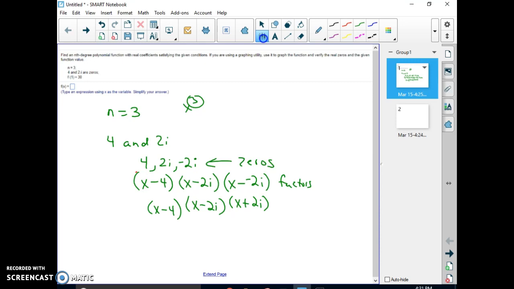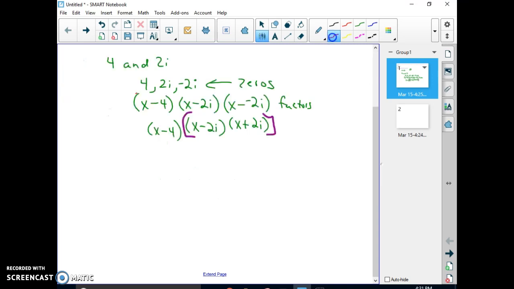The next thing I'm going to do is multiply this out. I'm going to start off by multiplying my two imaginary factors, these two right here. So I'm going to FOIL this out. x times x is x squared. x times 2i is 2ix. x times negative 2i is negative 2ix. And negative 2i times positive 2i is negative 4i squared.